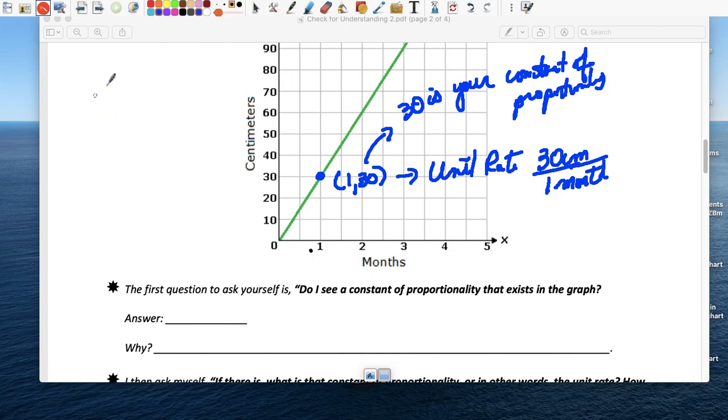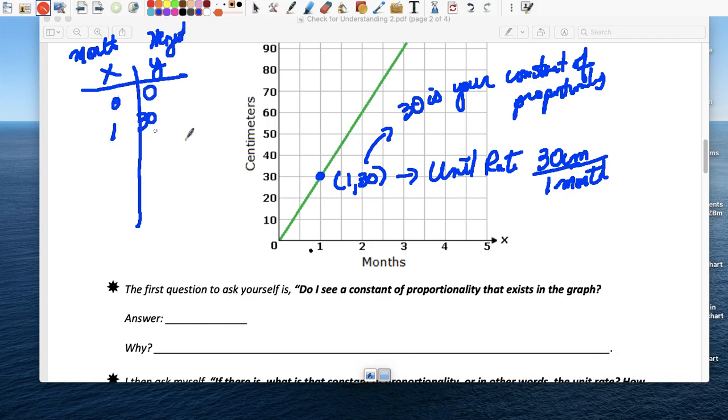So if you have a table over here, let's get some numbers. Here's my x, here's my y. X represents the month, and here's the height of the baby. 0, 0, then we have (1, 30), (2, 60), then (3, 90), and so forth. So 4 would be 120, 5 would be 150.